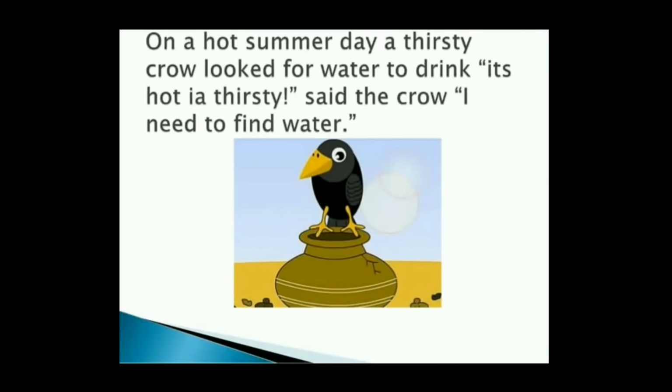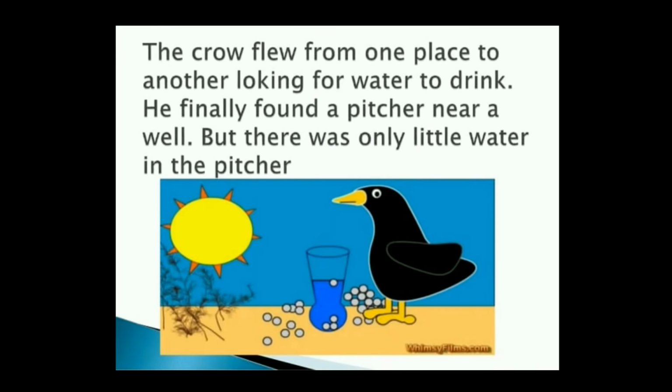On a hot summer day, a thirsty crow looked for water to drink. "It's hot. I'm thirsty," said the crow. "I need to find water." The crow flew from one place to another looking for water to drink. He finally found a pitcher near a well, but there was only a little water in the pitcher.